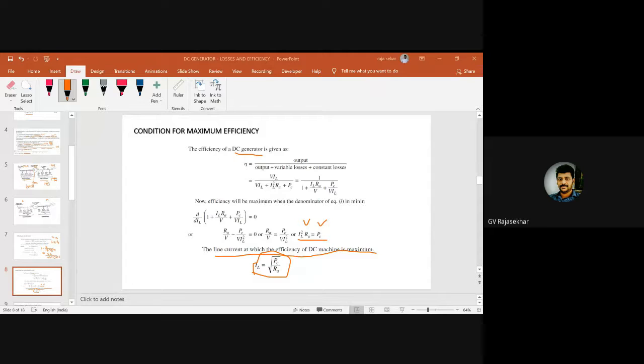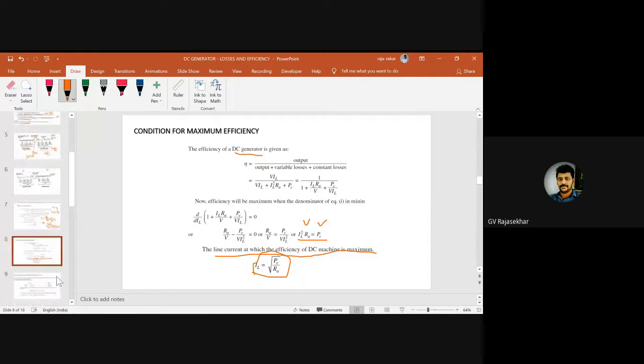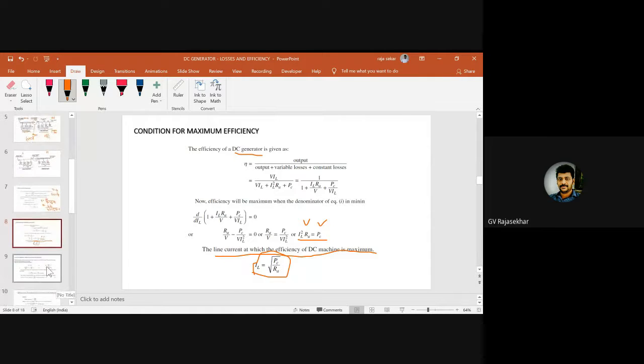The process which I have explained is: first step is to calculate IA, second step is to calculate EG, next, based on what is given and what you have to find, we solve the different types of problems. But the process is the same. Hope you have written this. Shall I go to the next slide?